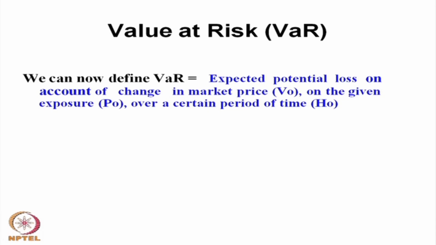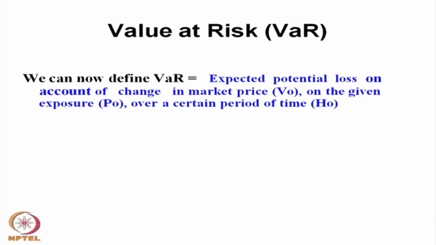Suppose your foreign currency is US dollar and Indian rupee, the fluctuation of the Indian rupee against the US dollar. So, change in market price on the given exposure, our exposure amount, 10 million, over a certain period of time, meaning how many days you are keeping the 10 million, 10 days, 15 days.